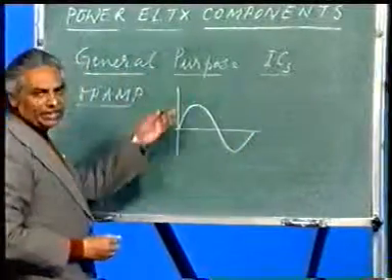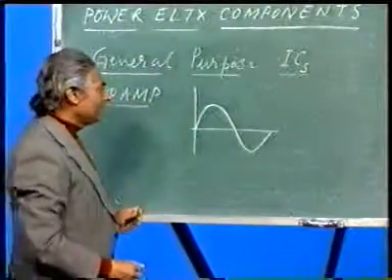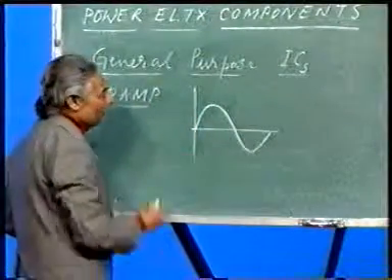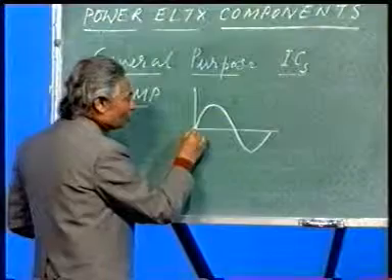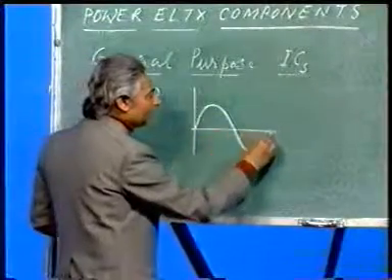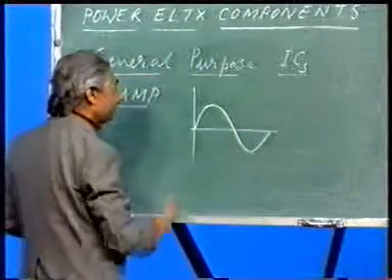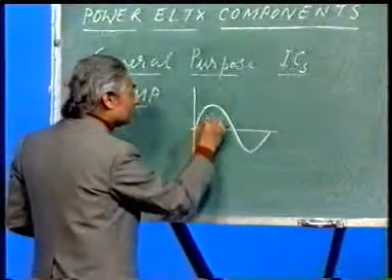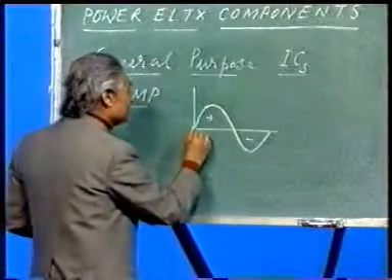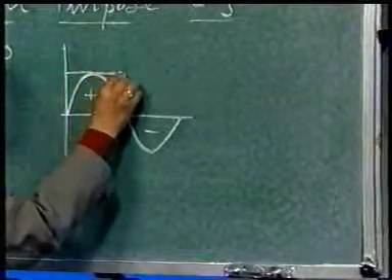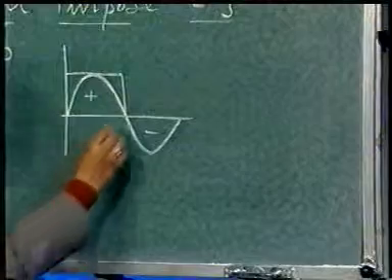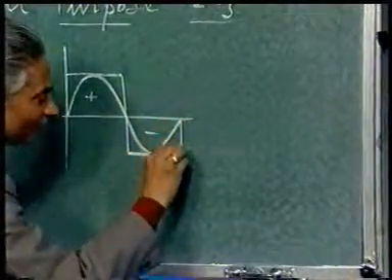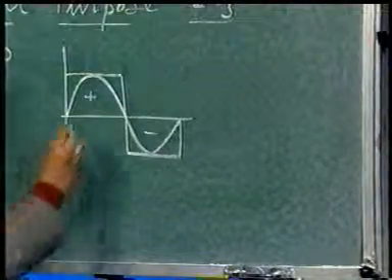Suppose I am giving only one input, the other one has been grounded, and the input is a sinusoidal AC. You see that this is a zero crossing point, this is another natural zero crossing, and this is another. The device will sense it here, and since this is the positive half and this is the negative half, it is going to give a pulse like this, then it will come down to the negative, go like this, and again become 0.